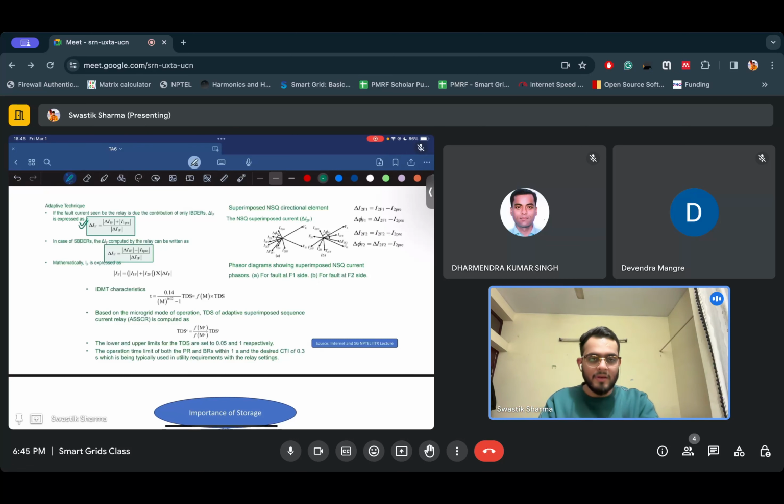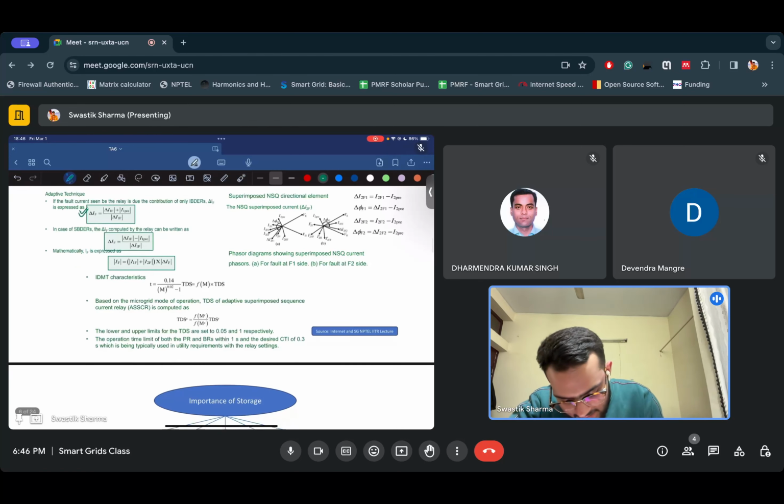So now you have to do one thing. For inverter-based DRs and for synchronous-based DRs, you have to come up with this index, which is how the delta IF will be computed for a certain relay. And after it has been done, you can also calculate the fault current using this expression, which is the addition of the positive sequence fault current with the negative sequence fault current multiplied by delta IF.